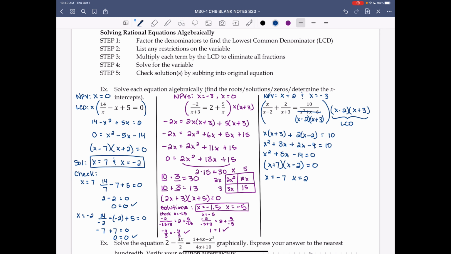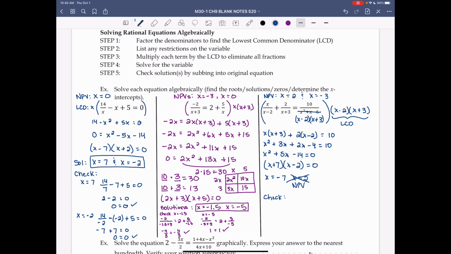Then we need to compare our solutions to the NPVs. Our NPVs were x equals 2 and x equals negative 3. One of our solutions is x equals 2, which is an NPV, so that cannot be a solution. So our only possible solution is x equals negative 7, but we still need to check that by subbing it in and making sure the left side is equal to the right side.